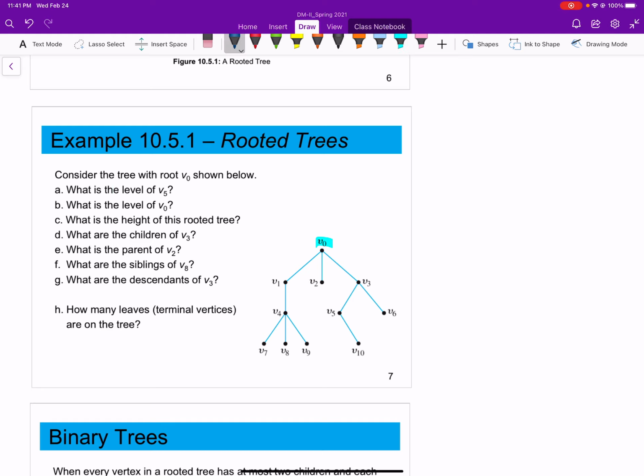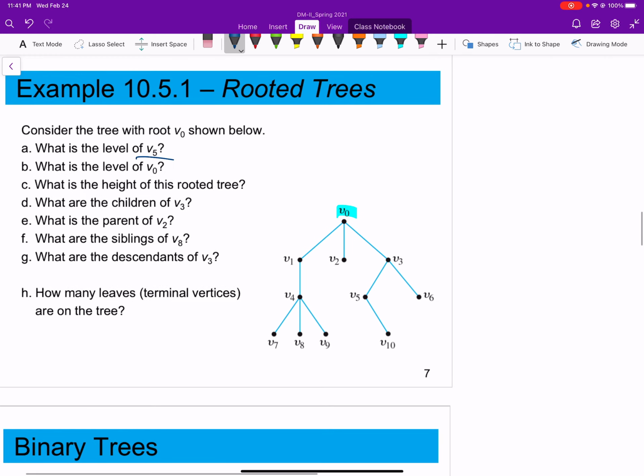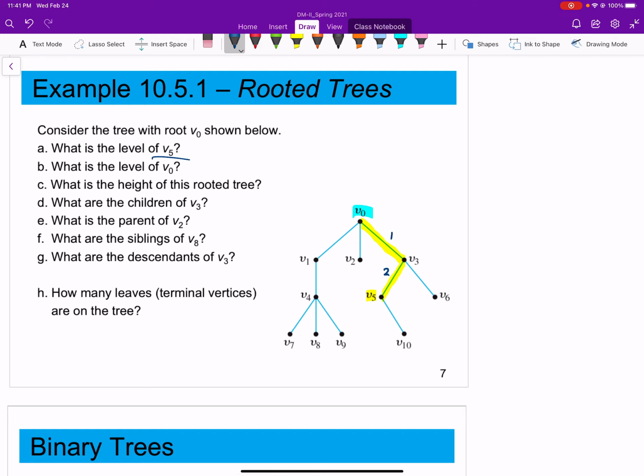What is the level of v5? Okay, first of all, you have to find what v5 is. v5 is right here. Okay, so to reach v5 from v0, you have to go like that, and then you have to go like that. This is the first edge, that is the second edge. Okay, the level of v5 is 2. There are 2 levels.